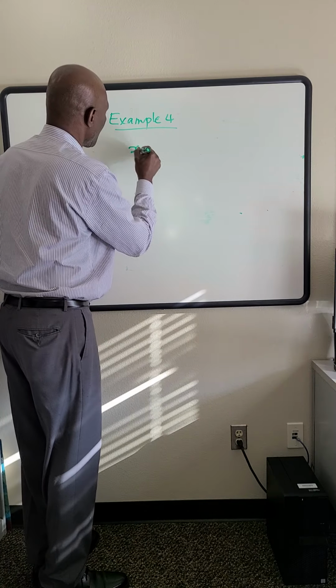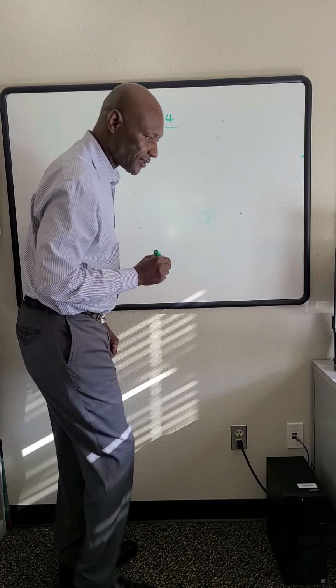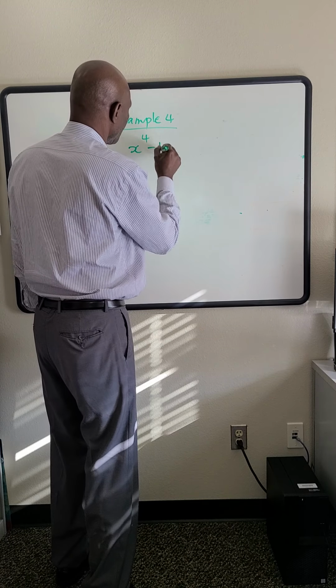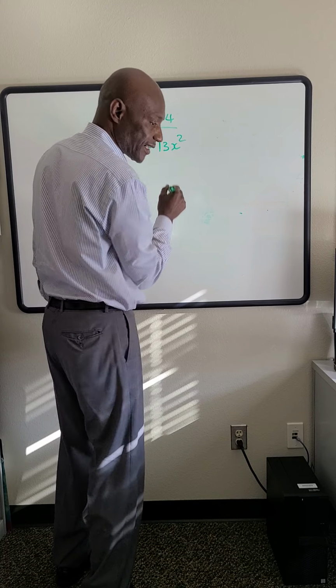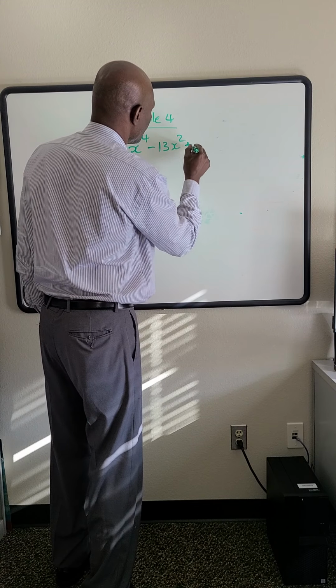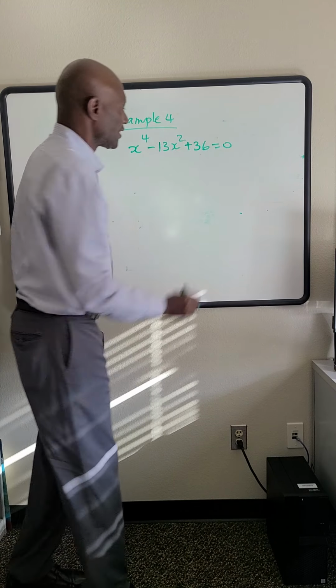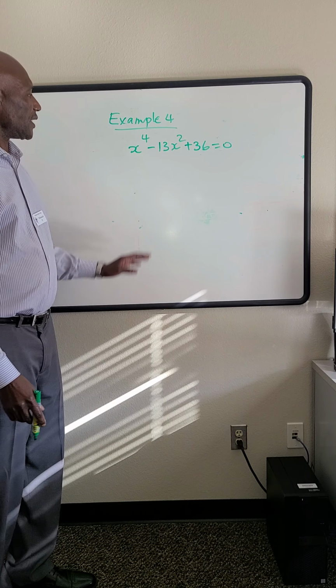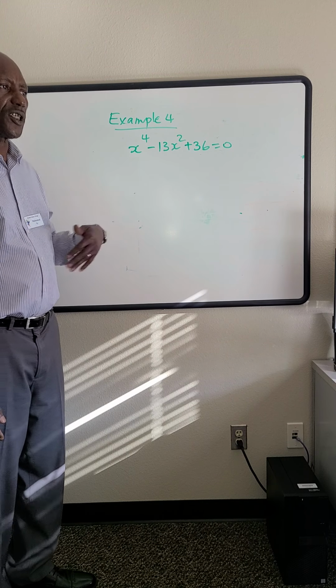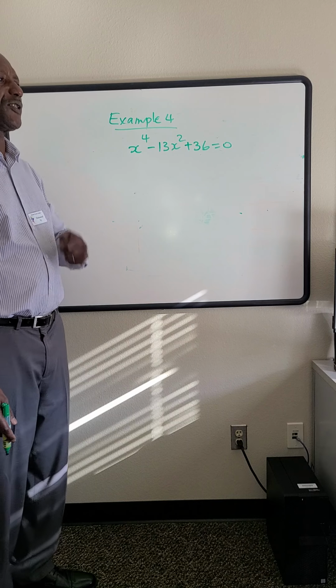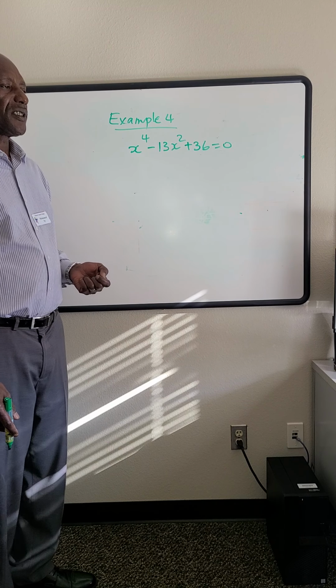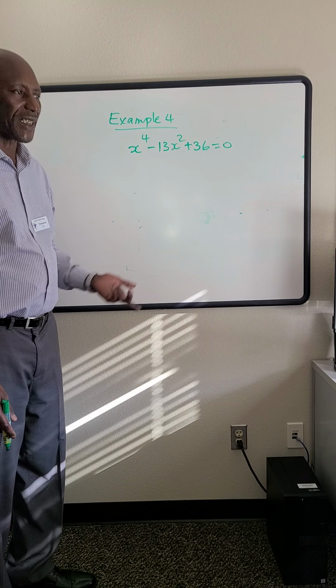So for example, x to the 4th power minus 13x squared plus 36 equal to 0. In such an equation, it's called quadratic in form because when we do a right substitution, we end up with a quadratic equation.